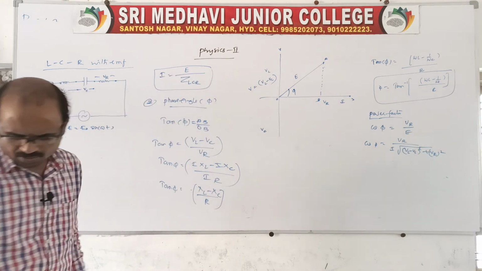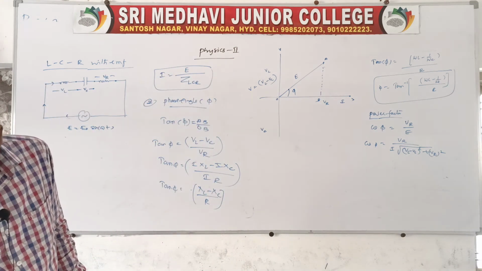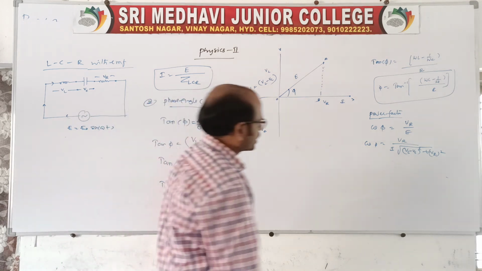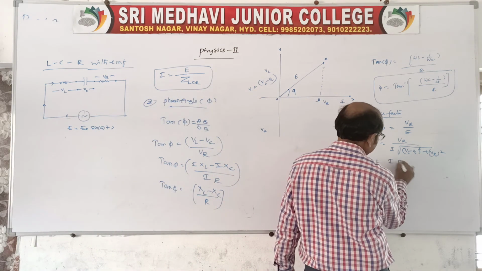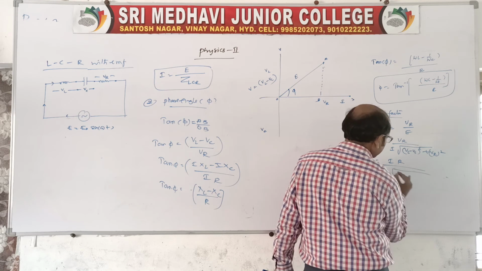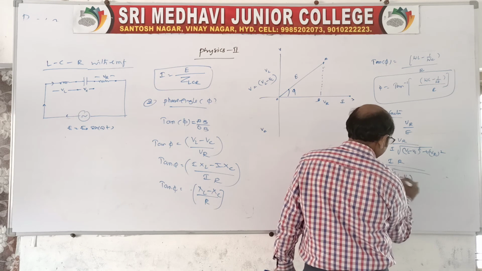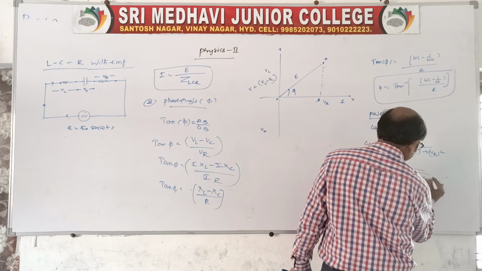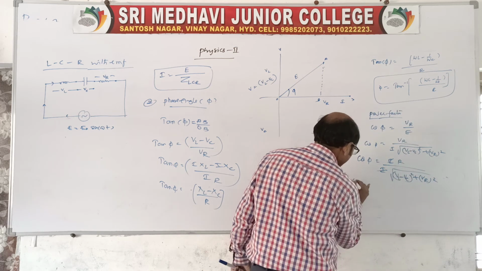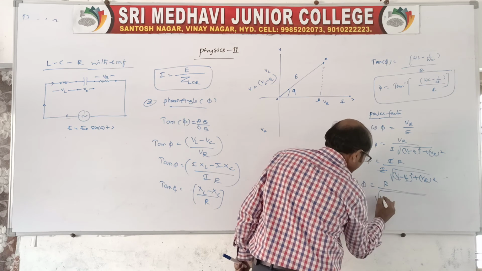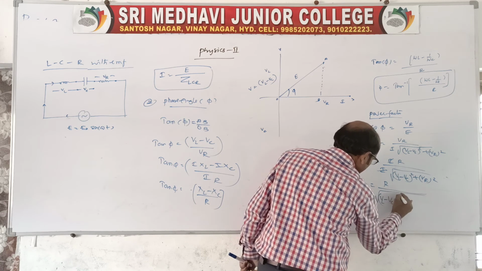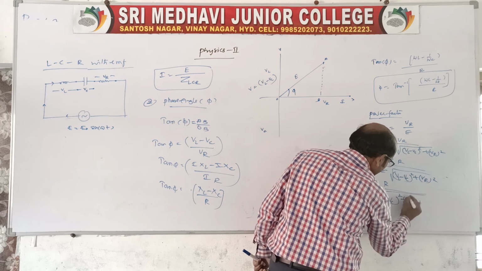This is related to the power factor. So cancel: cos phi is equal to IR by I into root over (VL minus VC) whole square plus VR whole square. So cancel, cos phi is equal to capital R by root over (XL minus XC) whole square plus R square.